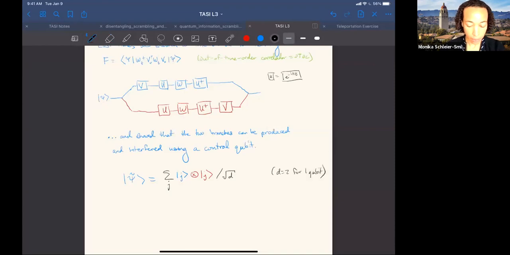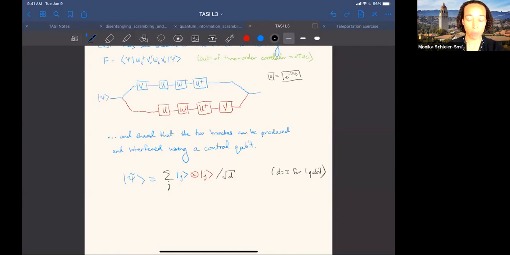The idea is that if I look at either system alone, either copy alone, and trace over the other one, the state looks flat, random, but in its entirety the system is in a pure state. I guess some of you have heard the term thermofield double state.